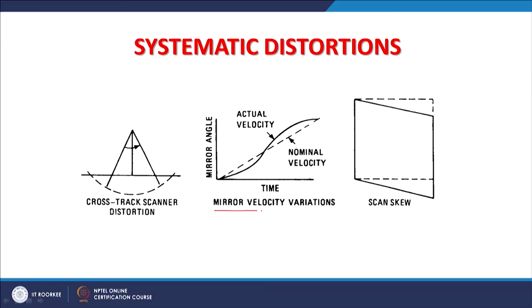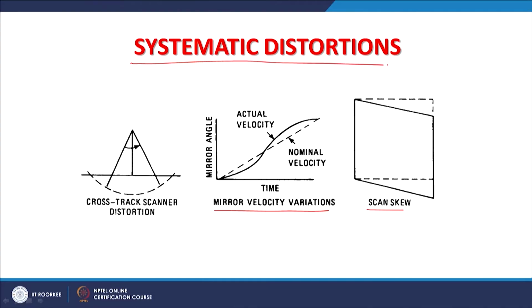Mirror velocity variations: if the mirror which helps focus the sensor has changes in velocity because of certain reasons within the spacecraft or within the sensor, then you may have a problem in your images. And the skewness issue will also come because, as you know, these polar orbiting satellites do not go exactly from the north to the south pole.